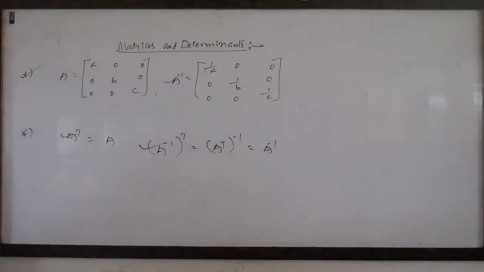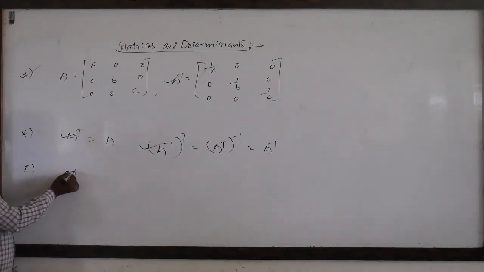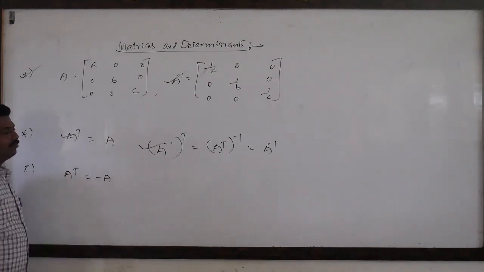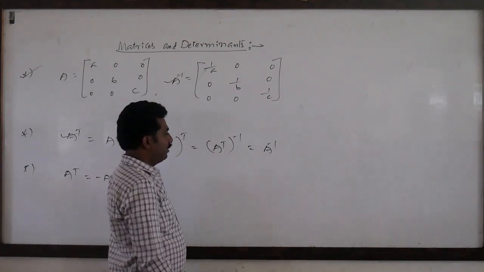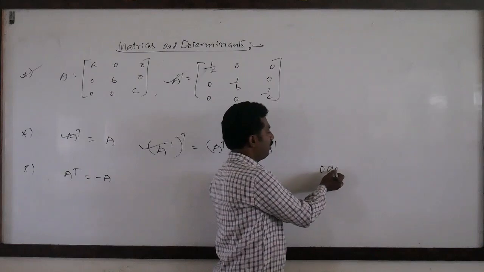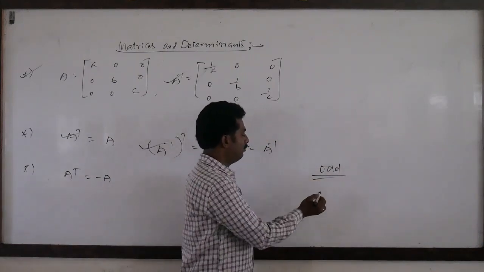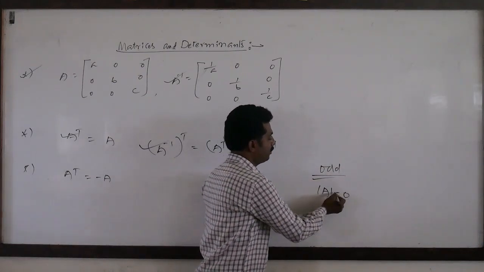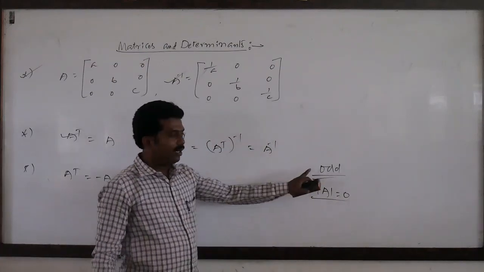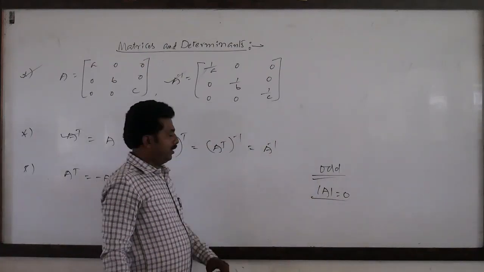Then if A is a skew symmetric matrix, A transpose equal to minus A. A is a skew symmetric matrix of odd order. So the determinant of a skew symmetric matrix is always 0 if the order is odd.